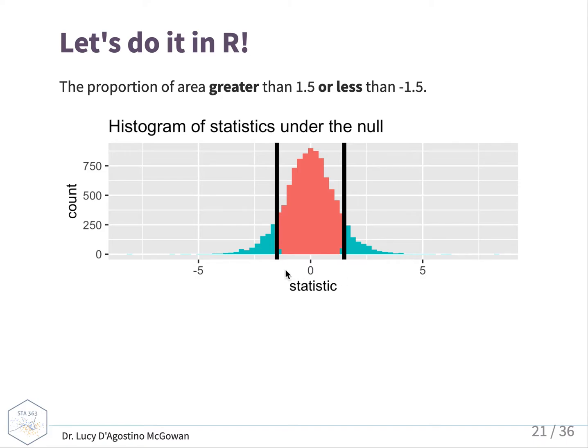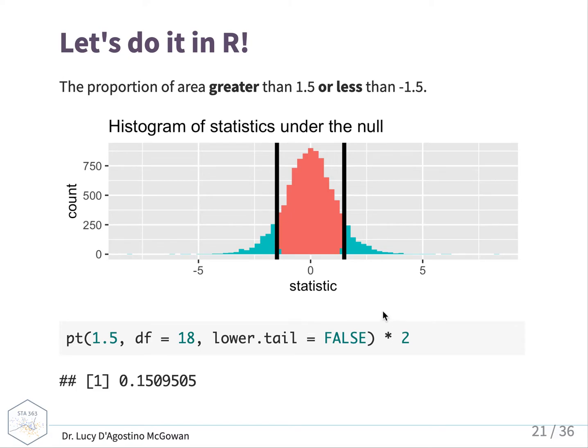The thing we're actually interested in is whether the values are as extreme or more extreme. It would be just as extreme to be greater than 1.5 as it would be to be less than negative 1.5, because this is a symmetric distribution. So we want to know the proportion of area that's greater than 1.5 or less than negative 1.5.